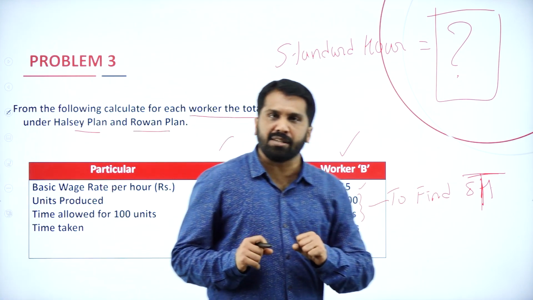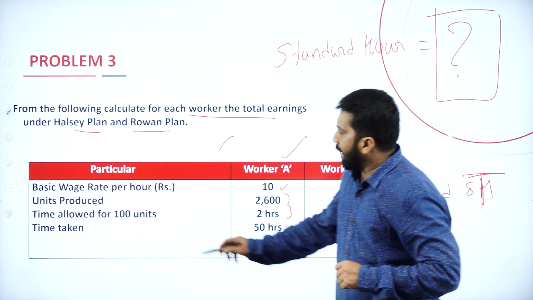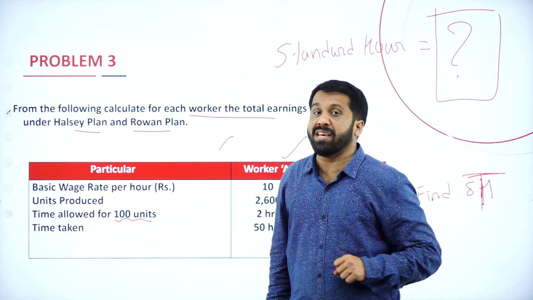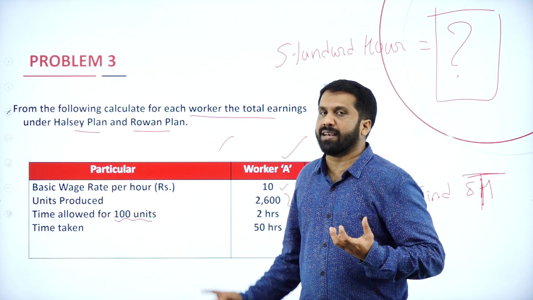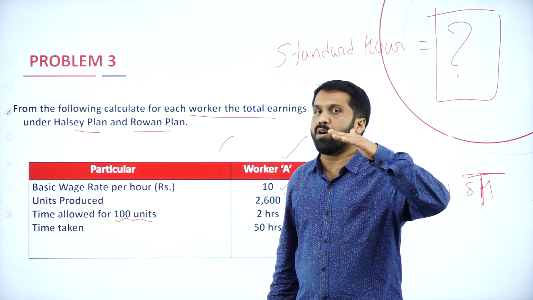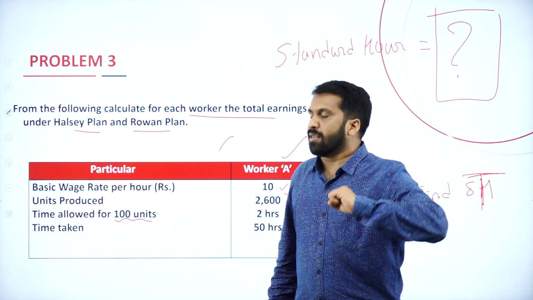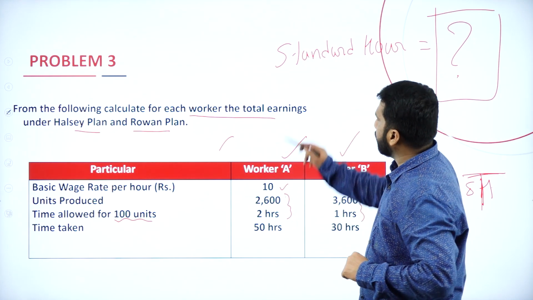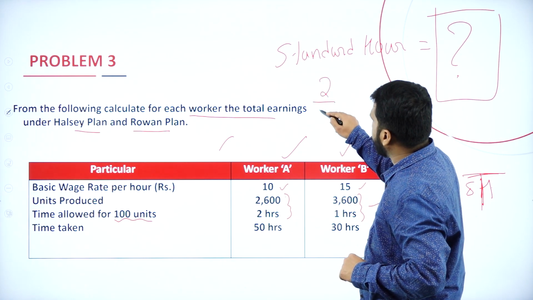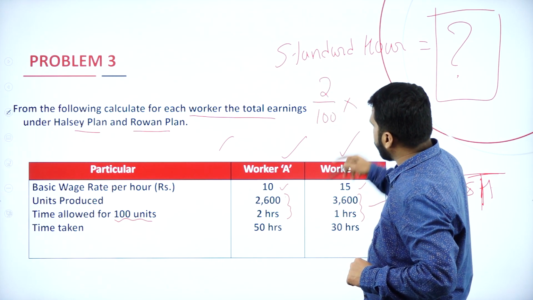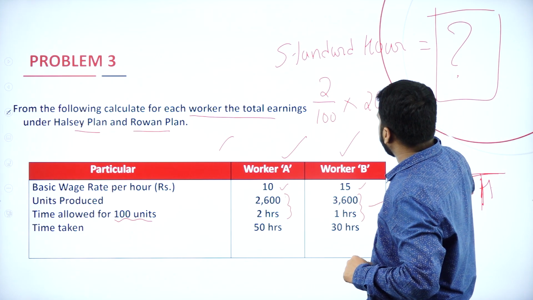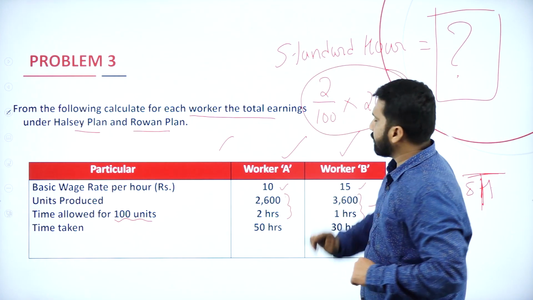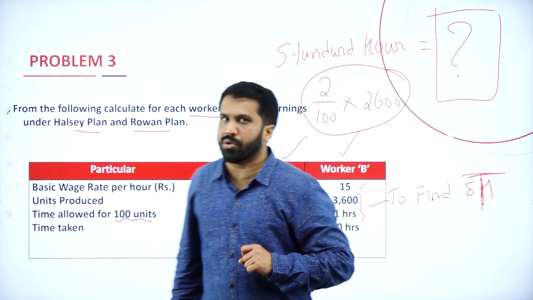Simple and easy. Remember, 100 units is the base to calculate standard time. 100 should be the denominator, for 2 hours. For 2 hours if it is 100, how much for 2600?